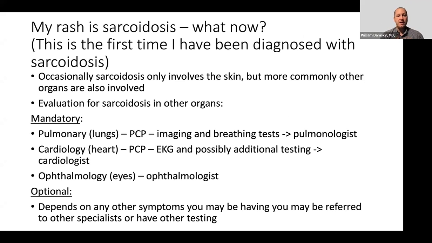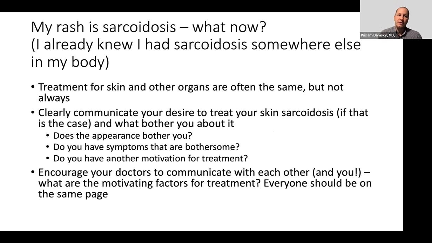Usually the lungs, the heart, and the eyes are evaluated whether or not you have symptoms. And depending on any other symptoms that you may have, you may have additional testing or see other specialists. And so it's important to keep in mind that sarcoidosis in the skin may reveal that there may be sarcoidosis in other organs.